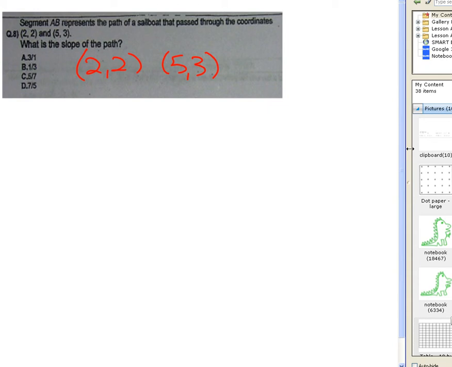Okay, we were answering this question. I remember now. So x1, y1, x2, y2. This is the one after the last one we just did. Alright, so we fill in our numbers.